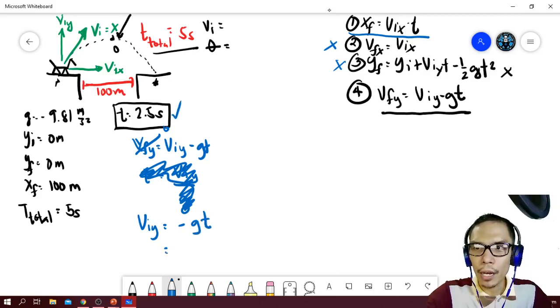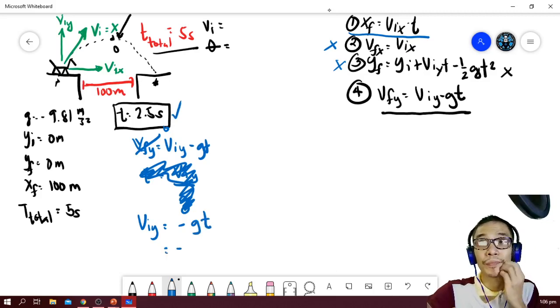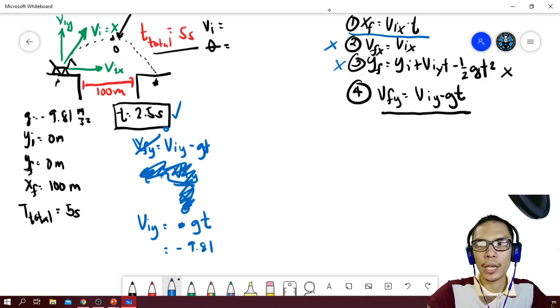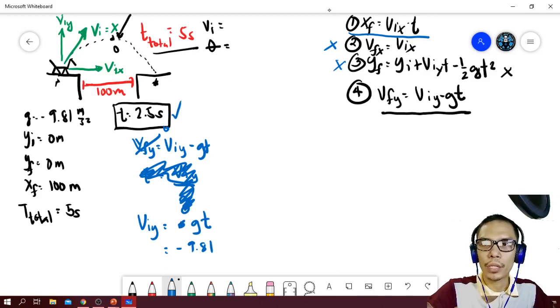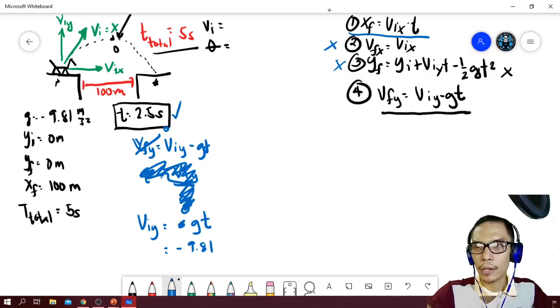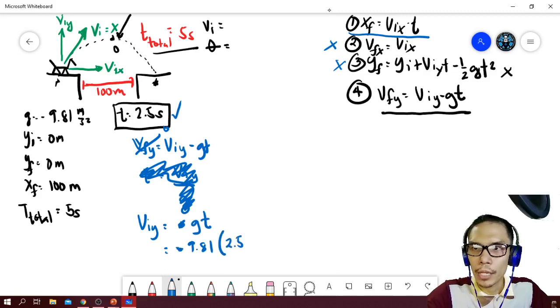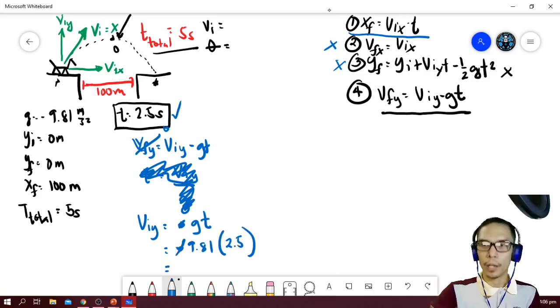Since we have the time itself, we have negative 9.8. The negatives will be cancelled out because we transpose the v sub iy to the other side. Next, times 2.5.